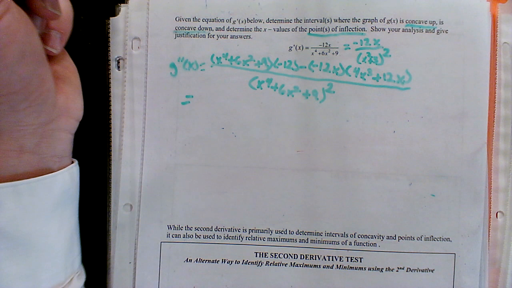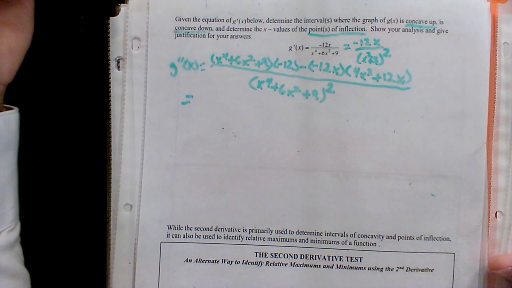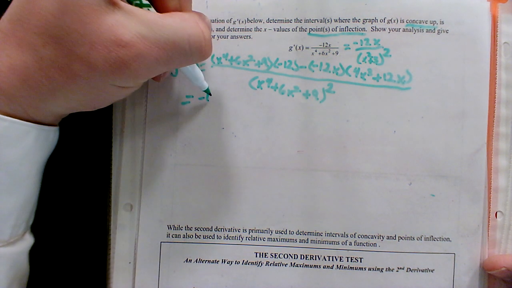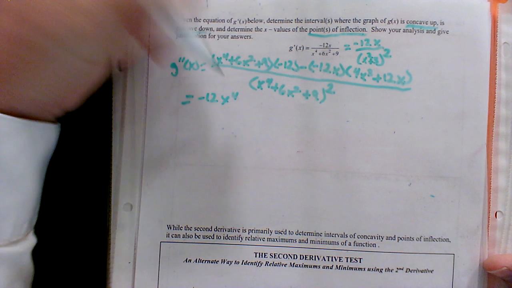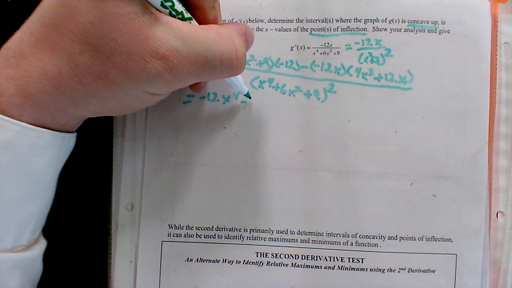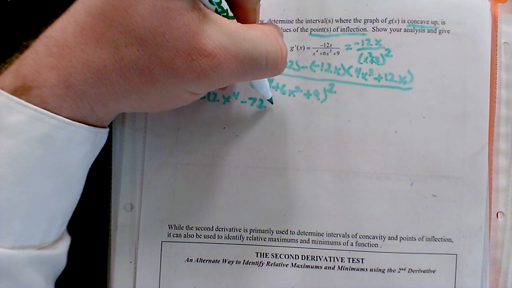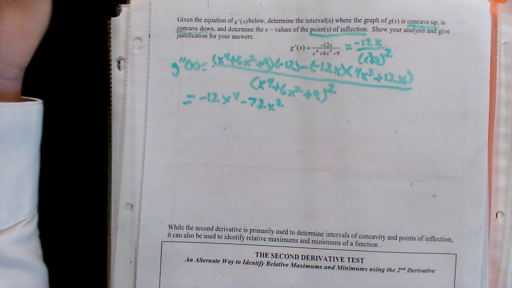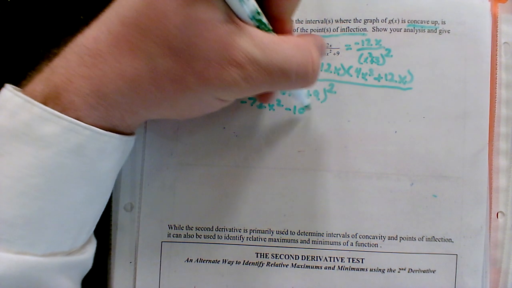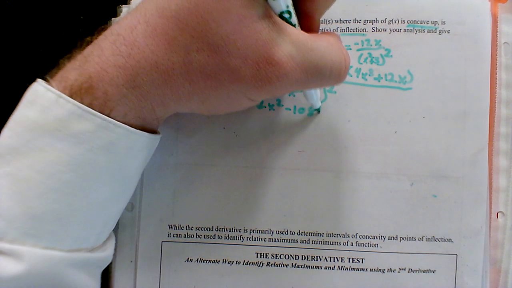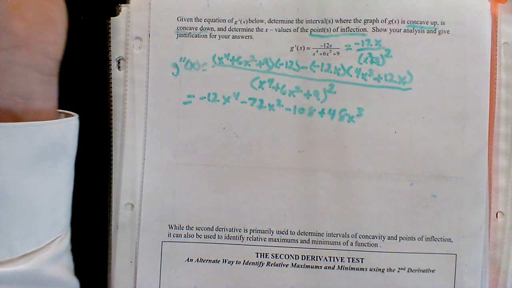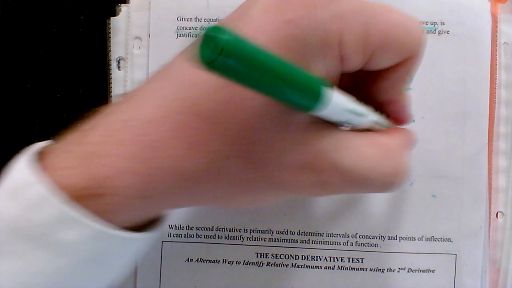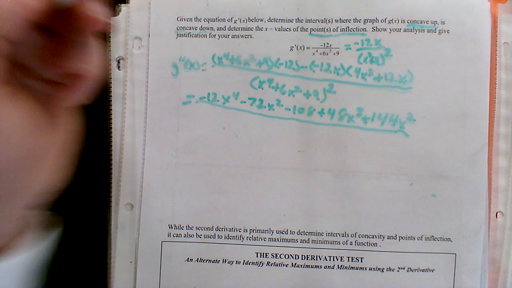So after doing some simplifying and combining, you'd be left with negative 12 x to the 4th minus 72 x squared minus 108 plus 48 x cubed plus 144 x squared. Okay.